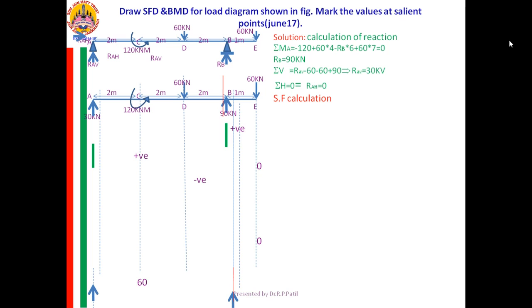SF at A left, that is this location. So I am taking the left part for the calculation. Nothing is there on the left. SF at A left is equal to 0. Now I am coming for the SF at A right.